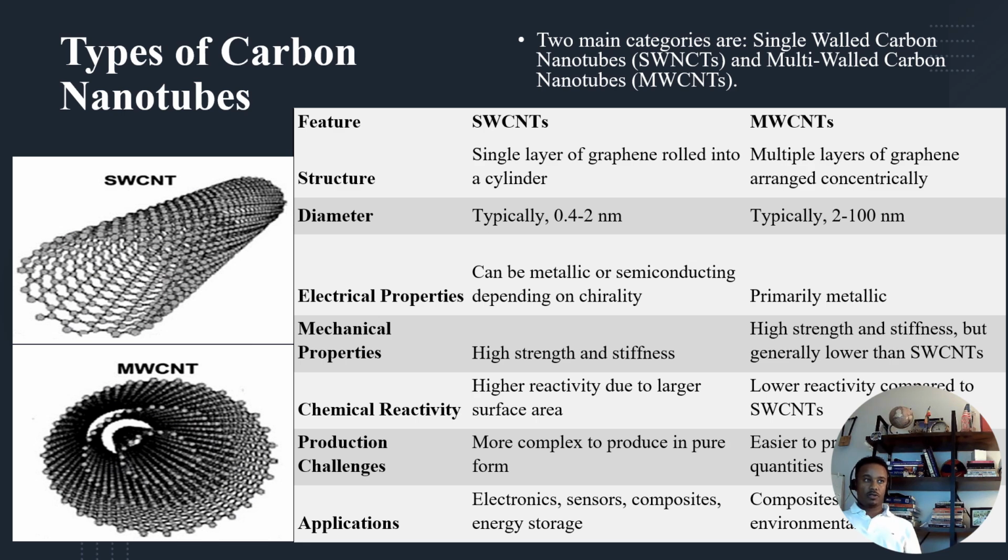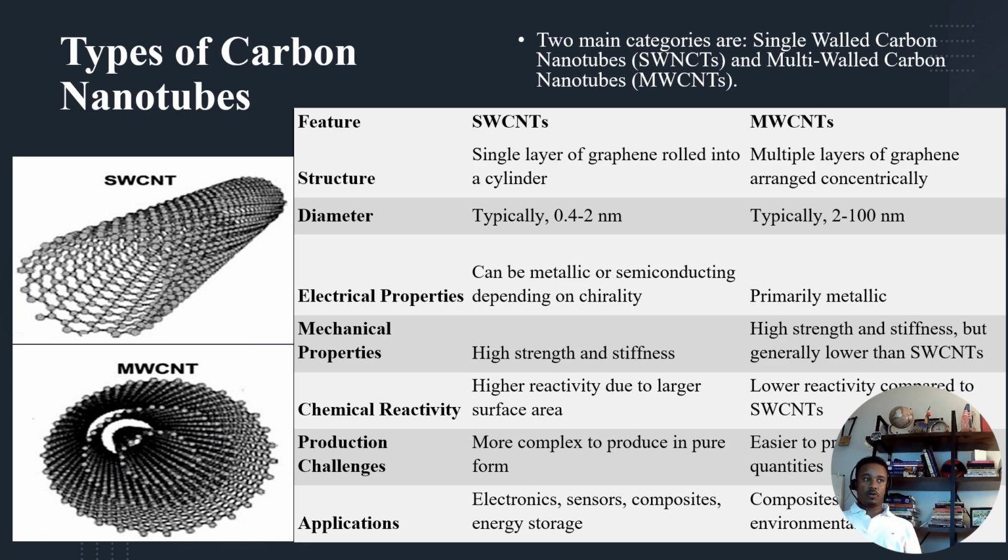In terms of diameter, the single-walled ones are typically between 0.4 and 2 nanometers, which is quite small, whereas the multi-walled carbon nanotubes have a diameter between 2 and 100 nanometers, which is a little bit higher than the single-walled carbon nanotubes, but still at a very low diameter in the nanometer scale.